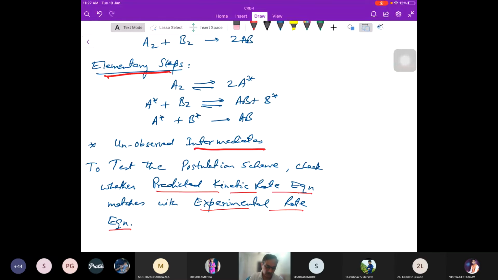So to test the hypothesis or postulation, check whether predicted kinetic rate equation matches with experimental rate equation. So that is the test, right? That's our test. Okay? Any questions?